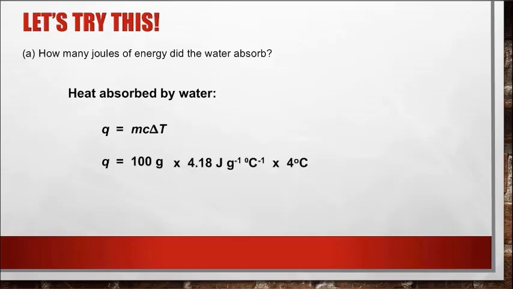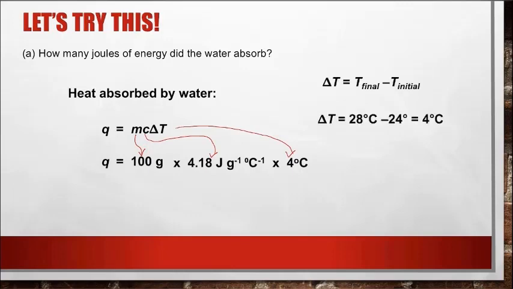M is the mass of water, which is given in the question. Small c is the specific heat capacity, which is also given in the question, and delta T is the change in temperature, which you have to calculate. In case you don't know how to calculate delta T, it's final temperature minus initial temperature. And in this case, the final temperature of water is 28 degrees Celsius and the initial temperature of water is 24 degrees Celsius.